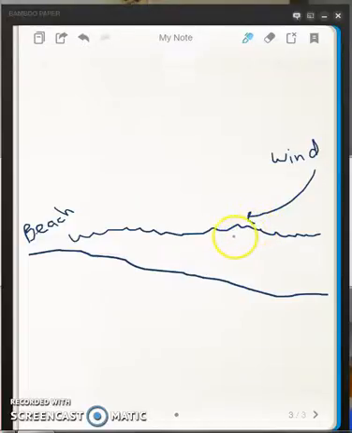So let's just say this much water, just to help you visualize it. Now again, this isn't exactly what's happening, but just picture this block of water is what's going to be disturbed.